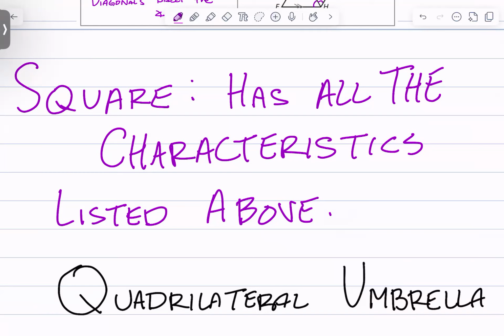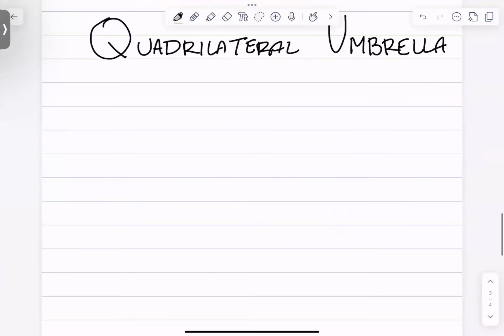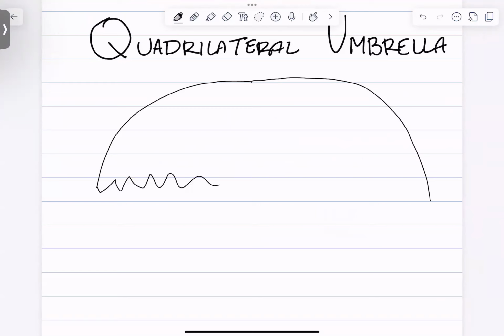Anyway. So how I organize this and how I think about it is with a quadrilateral umbrella. So if we have an umbrella here, I'm going to try my best to draw an umbrella. Okay, there's my umbrella. And on one side of the umbrella, we have a parallelogram.